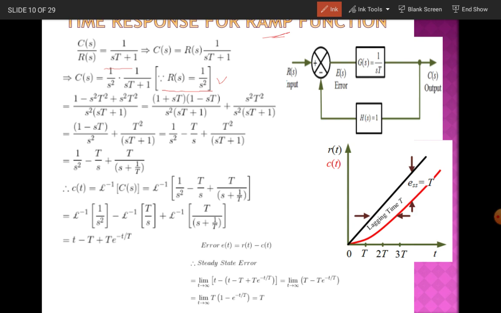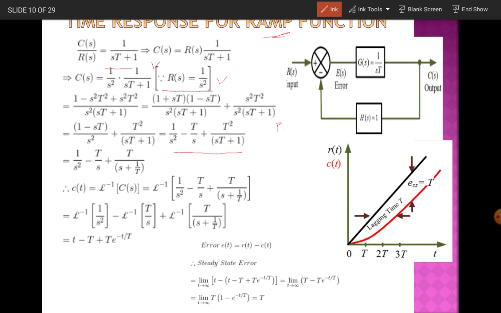Substituting this, we get C(s) equal to 1/s² into 1/(sT+1). Then you can simplify or rearrange this expression in such a way that you can easily take the inverse Laplace transform. This is one method. The other method is the partial fraction method.